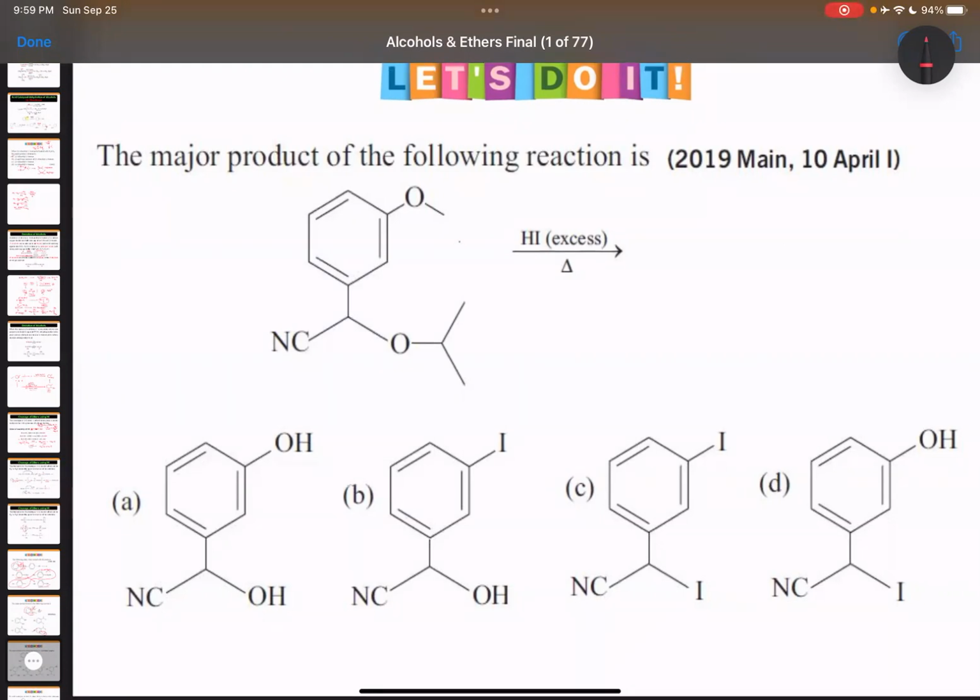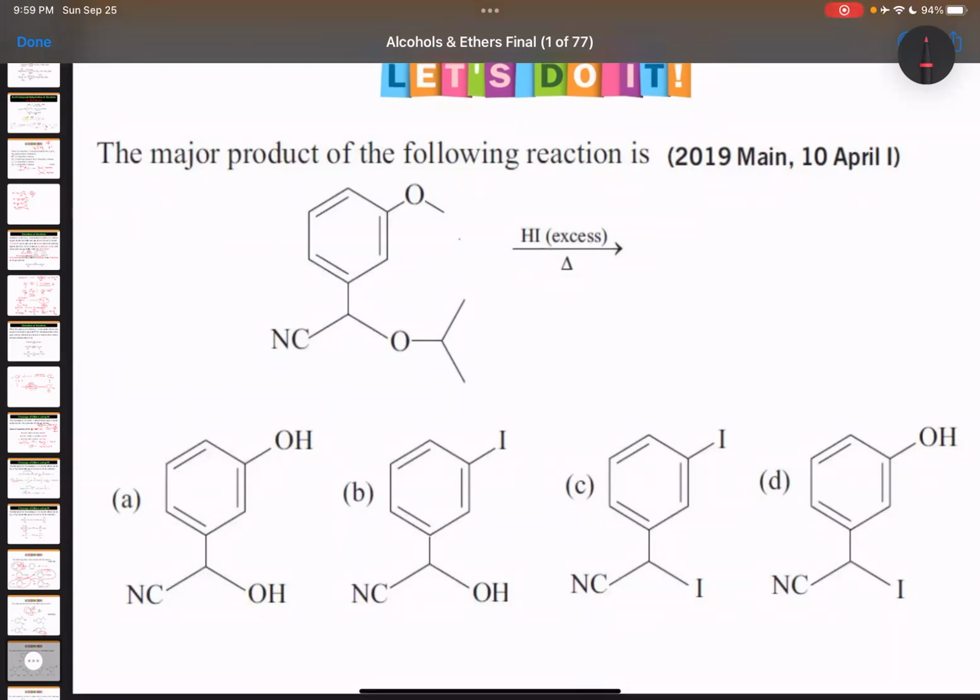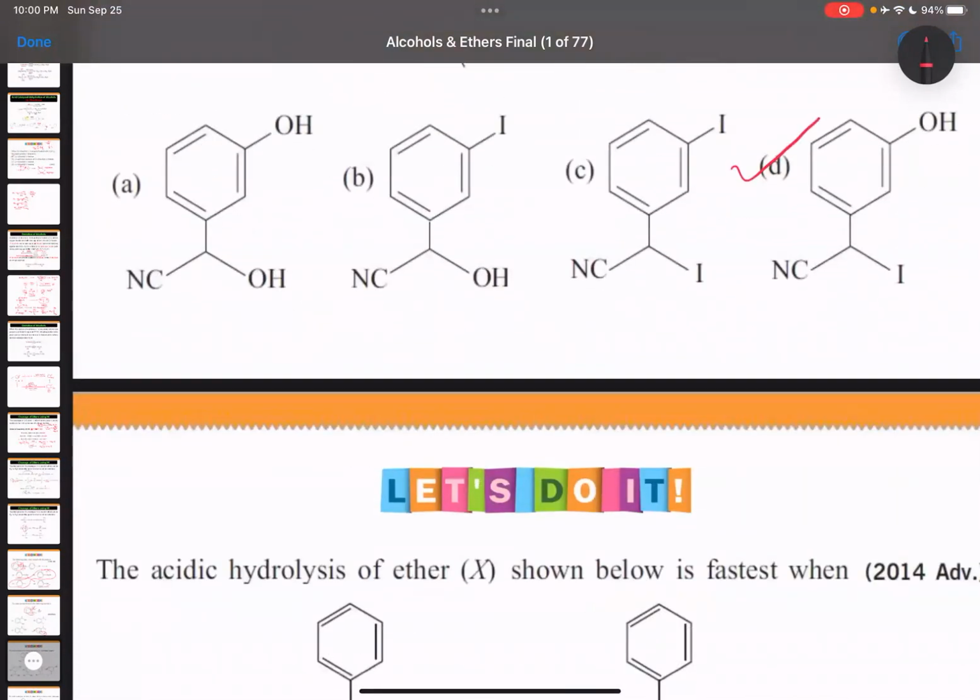So what about this one? Option D. Option D. Right. Correct. So you got the idea how we are going to work on these problems. Right? Yes, sir.